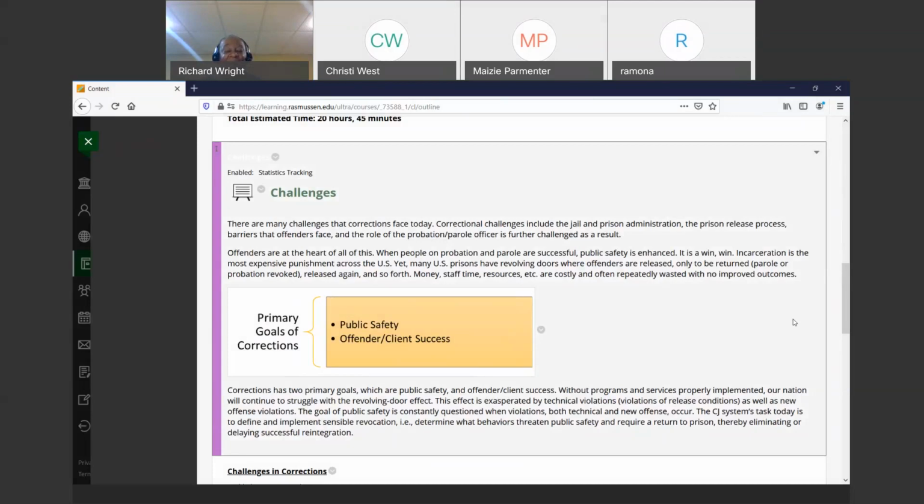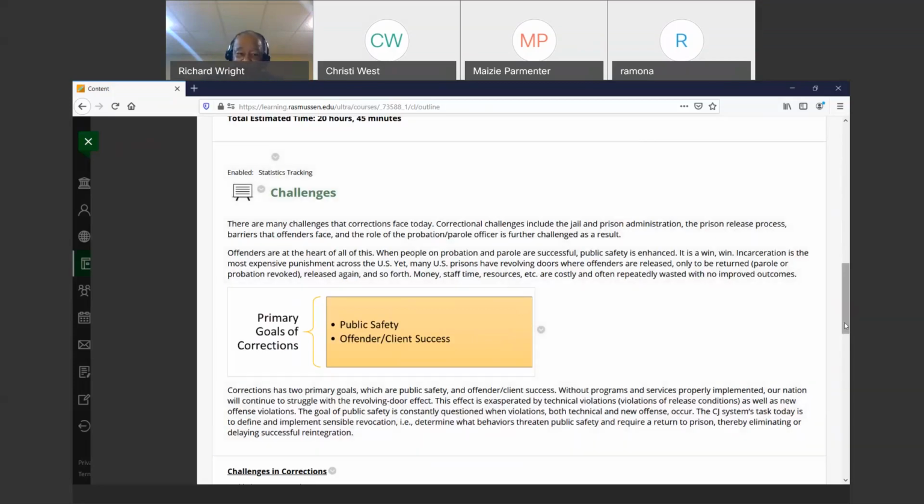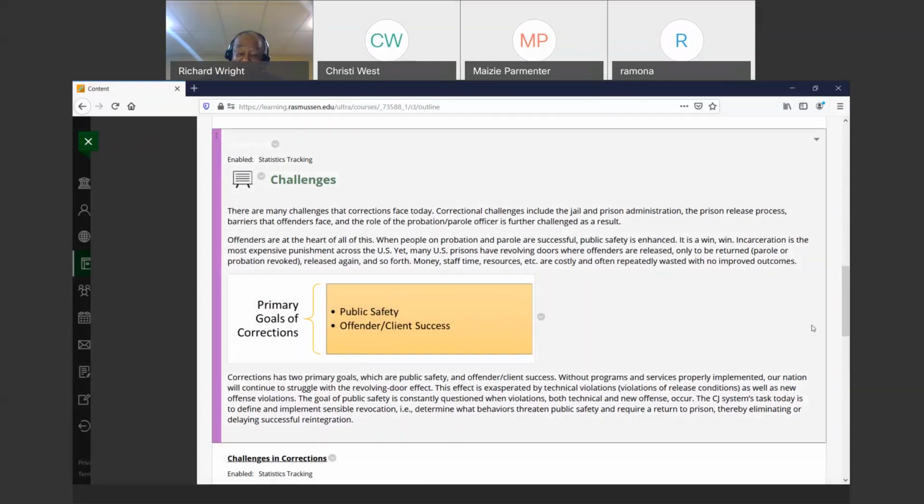Anybody I know who has that mentality should not go into parole or probation, because trust me, with the way the world operates, there are going to be new people coming along that will take the place of those individuals. Again, keep in mind that the idea is public safety as well as success for that individual. Give them a new life, point them in a new direction. And that's the mission that you're given dealing in corrections.